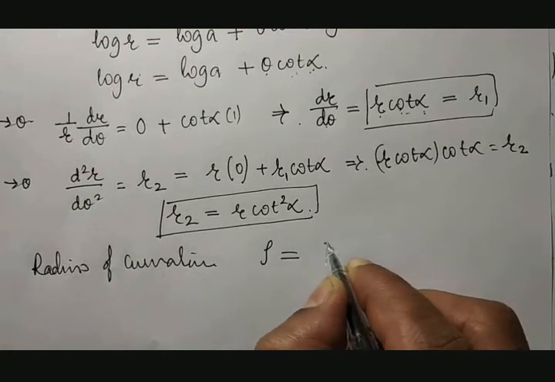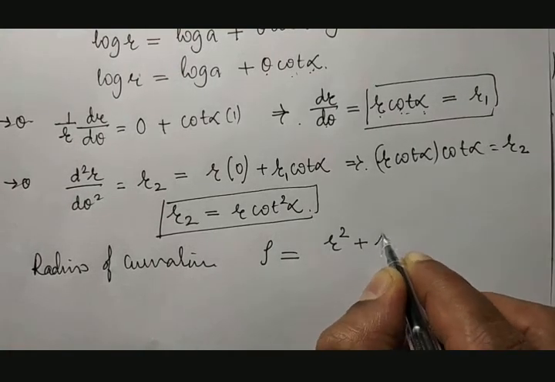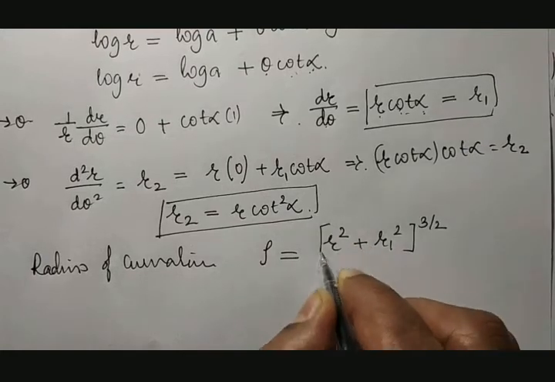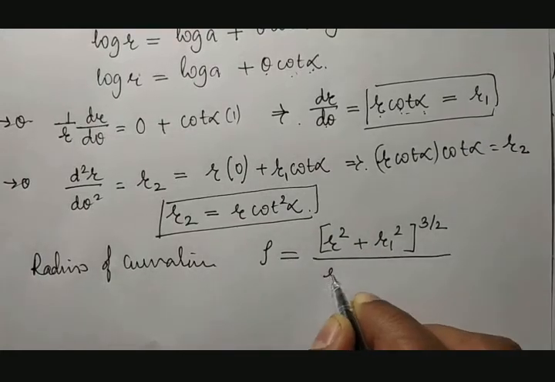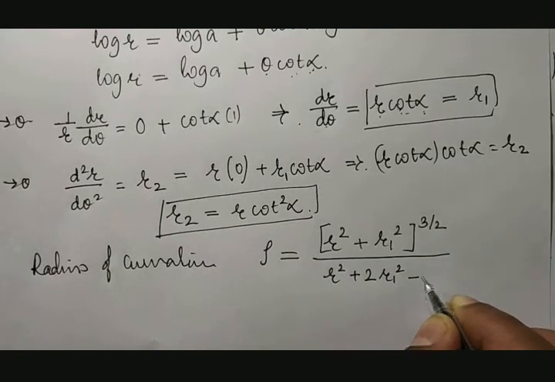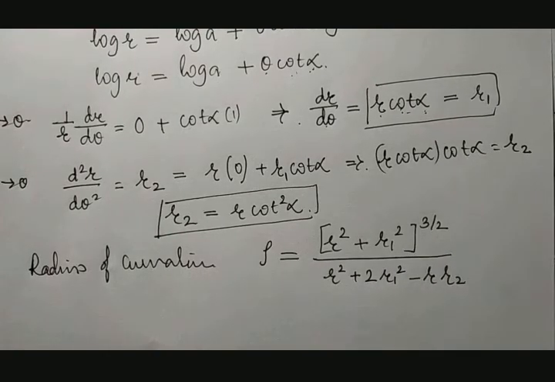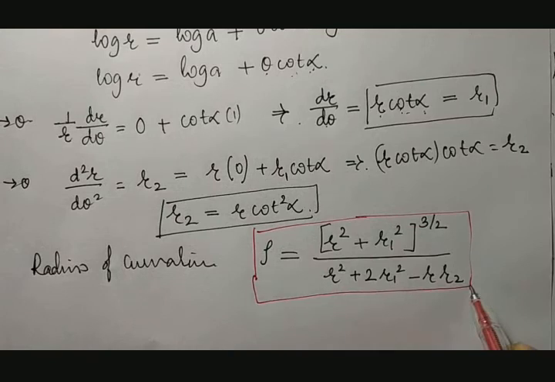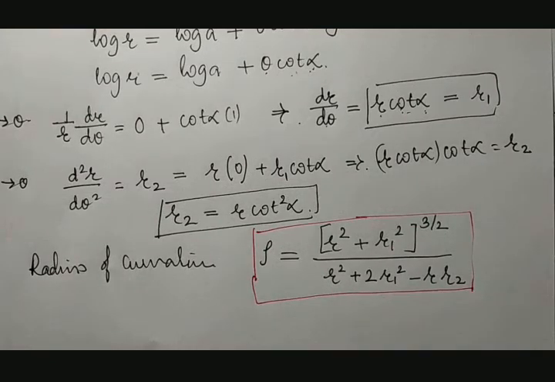It is r square plus r1 square raised to 3 by 2 divided by r square plus 2 times r1 square minus r into r2. This is the expression for radius of curvature in polar form. Now everything is ready.